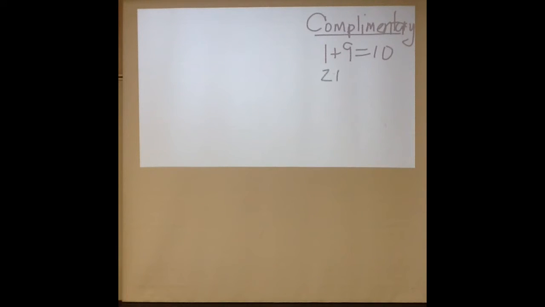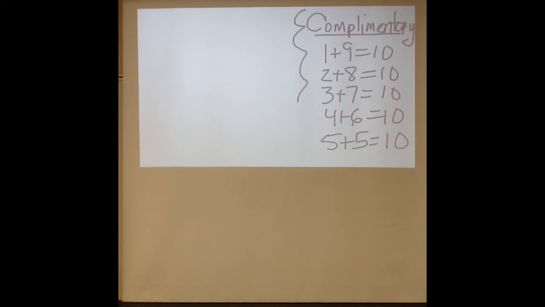And 2 plus 8 equals 10, and 3 plus 7 equals 10, and 4 plus 6 equals 10, and 5 plus 5 equals 10. Those are complementary numbers. These numbers work really well when we're adding things up, so we can use them to add things together.